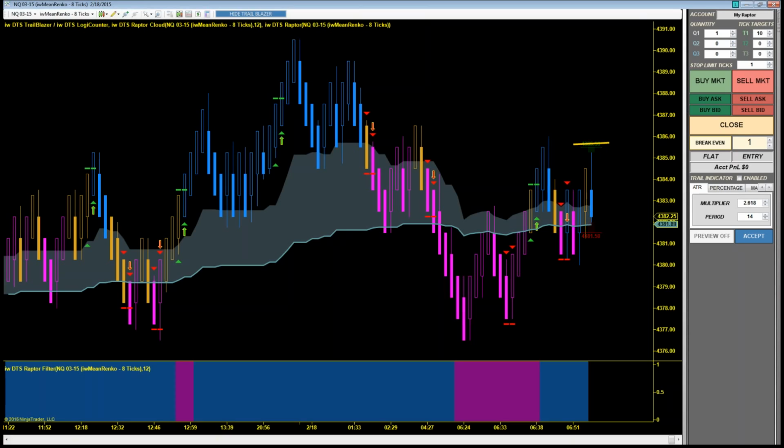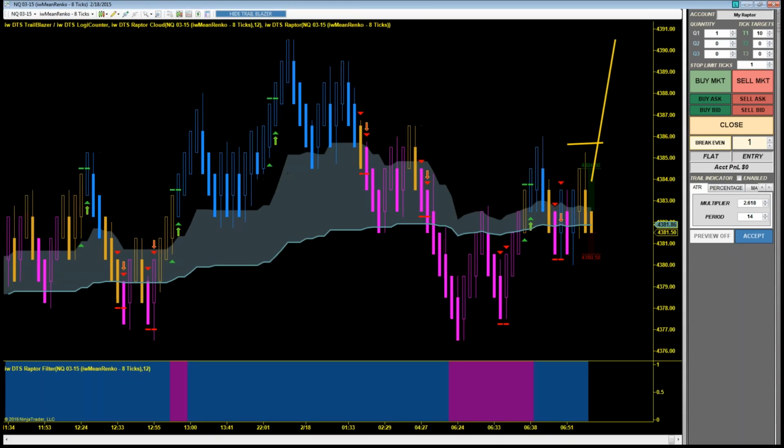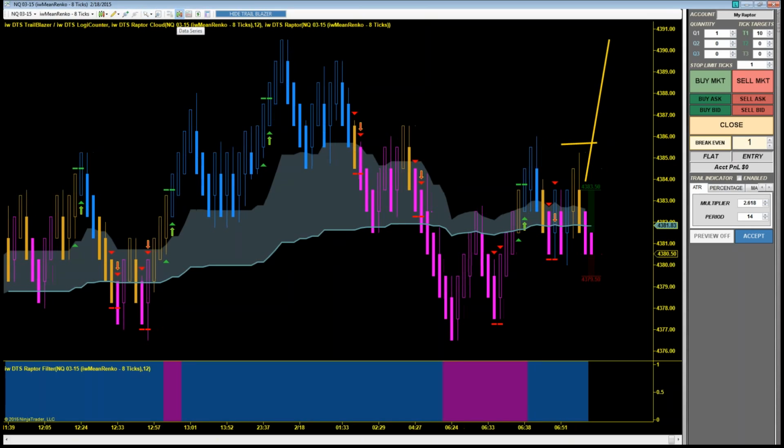Why do I need to know that? Well, let's pretend for a moment that we're printing a signal here. We're not, but let's pretend. If I know the bar is going to finish at 43.8550, and let's say I want to enter one tick beyond that, I can set up my order, right?